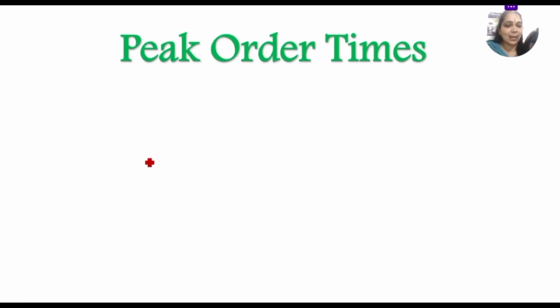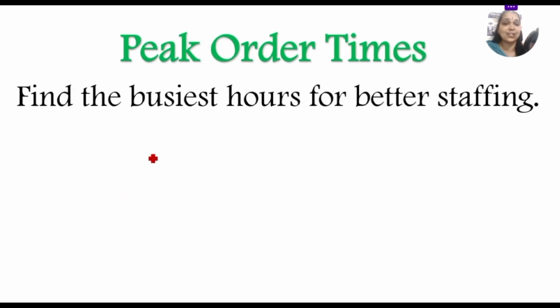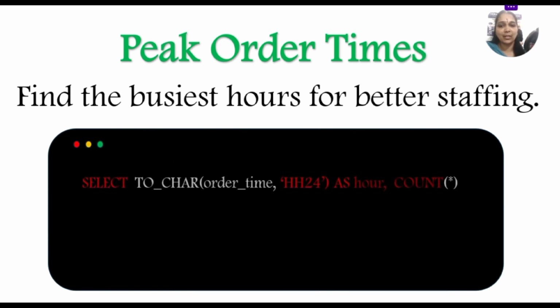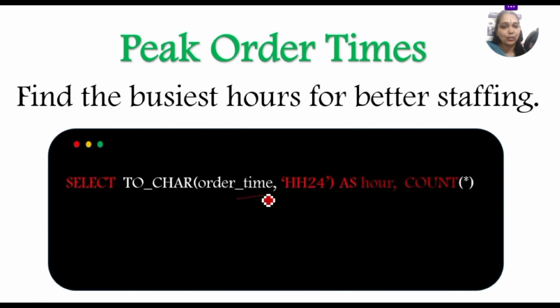Okay. Now, the next one is peak order time. That is, what are the busiest hours of the restaurant? The busiest hours of the restaurant are considered on the basis of order time. So select to_char order time, that is HH24, so that the complete 24 hours can be done here as the hour, and count from the orders.